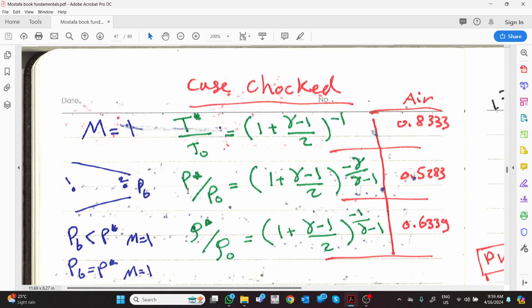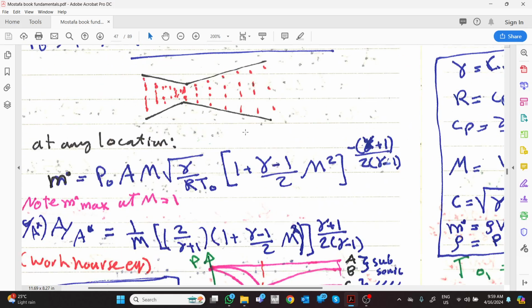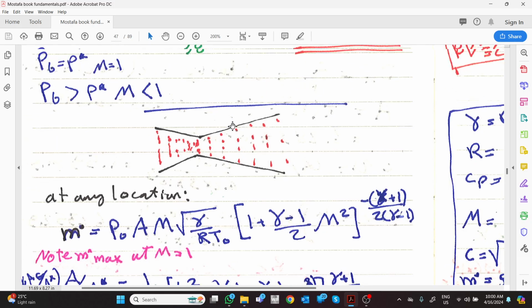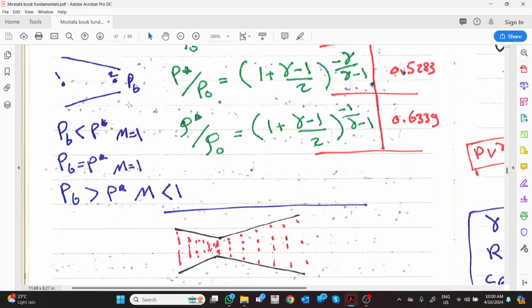Why did I write back pressure here and stagnation pressure here? See, back pressure here because it is the flow, and this point can see the back pressure, it can see it. So it is the back pressure itself. But why do we write stagnation here? Stagnation because this point cannot see this point.